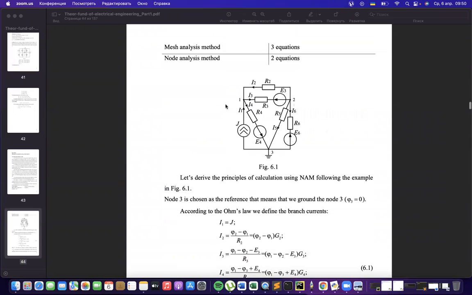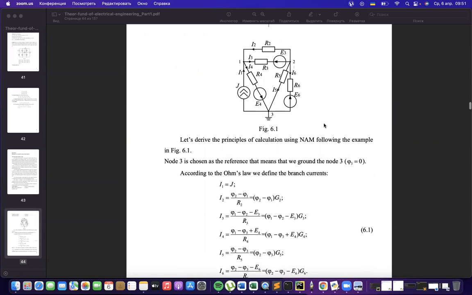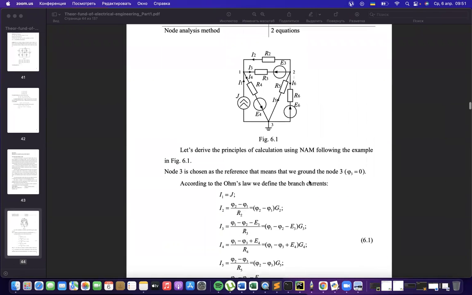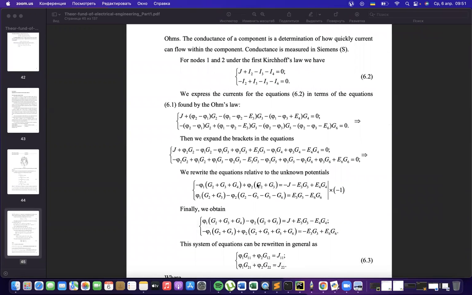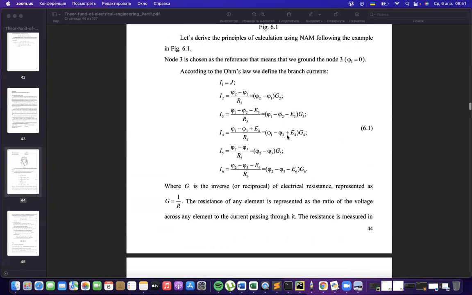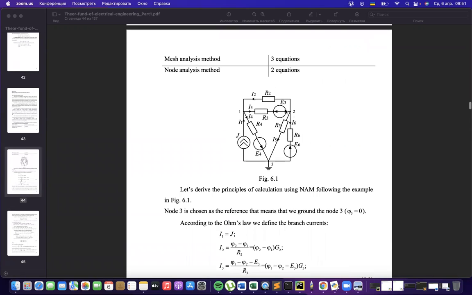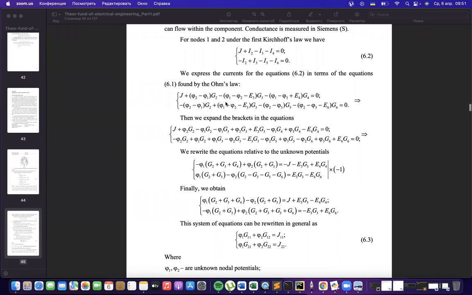Let's move further. It's called the node method, node analysis method. And the main idea is, for each node that you have, transform the current equation to obtain some system. Here it is. For each node, we are writing what current we have for the first and second node. This current could be rewritten as potentials and conductivities.